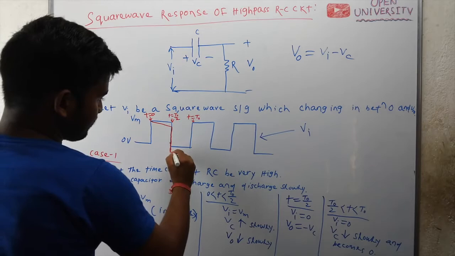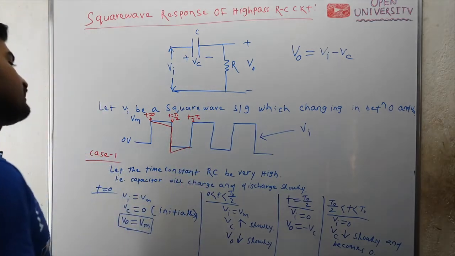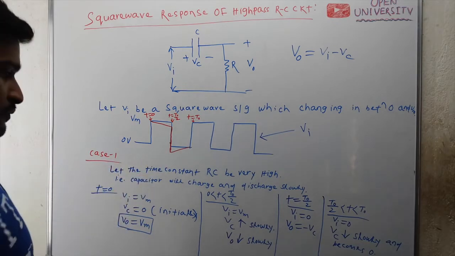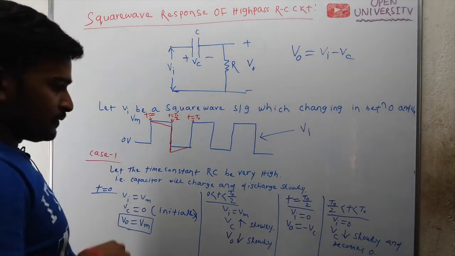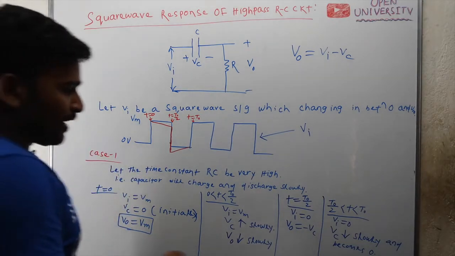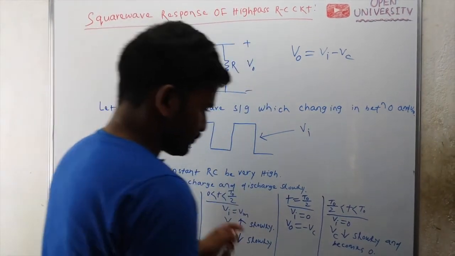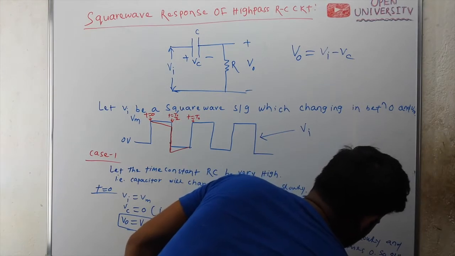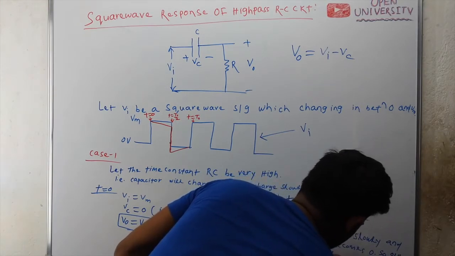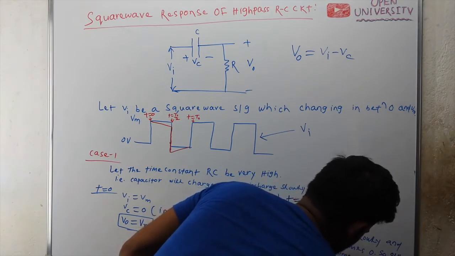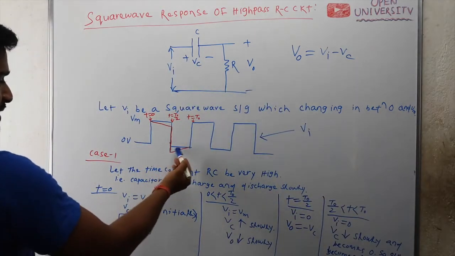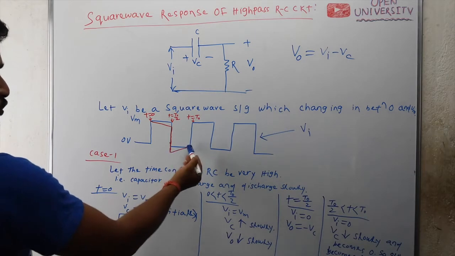The output voltage will be something like this. Output voltage becomes 0 in this interval. In this interval the capacitor will discharge its energy and become 0.